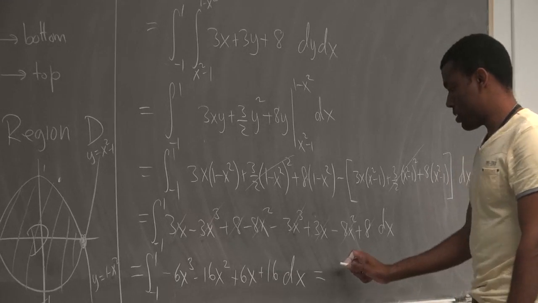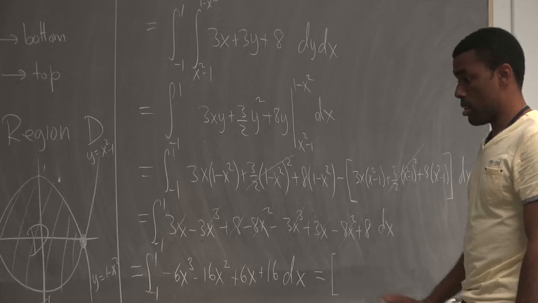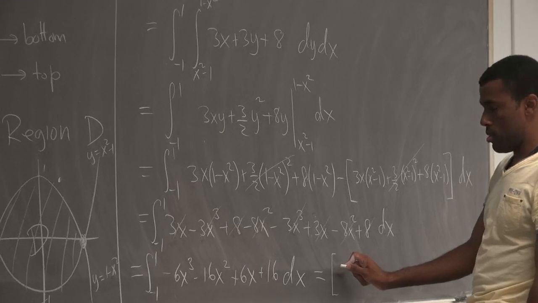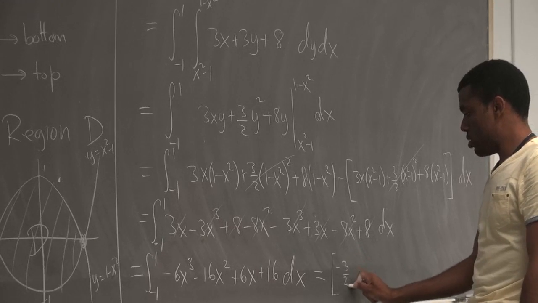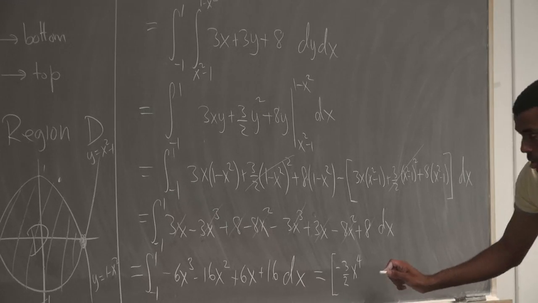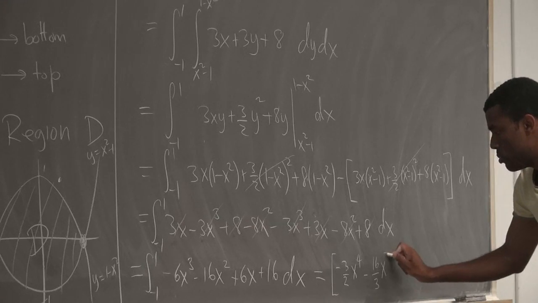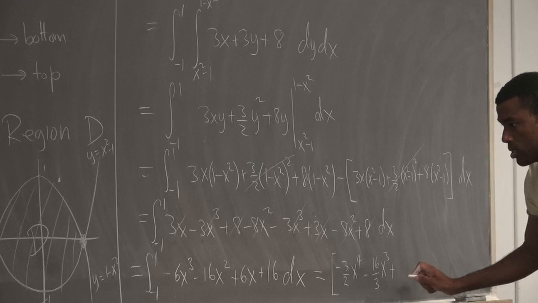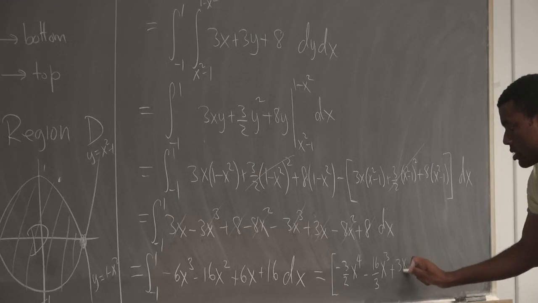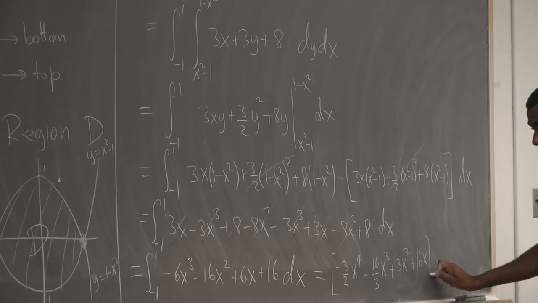So we want to continue this. So here we would have minus 3 over 2 x to the fourth minus 16 over 3 x cubed plus 3x squared plus 16x between minus 1 and 1.